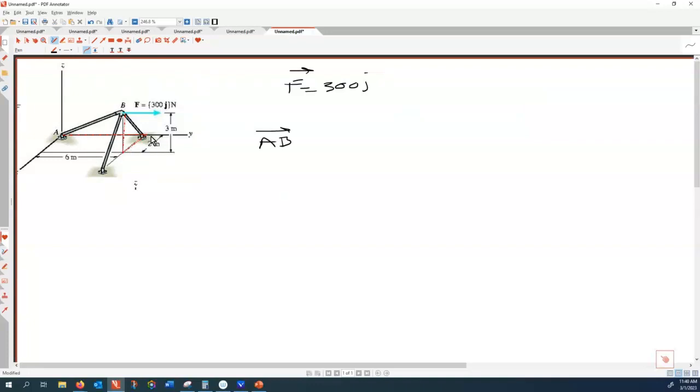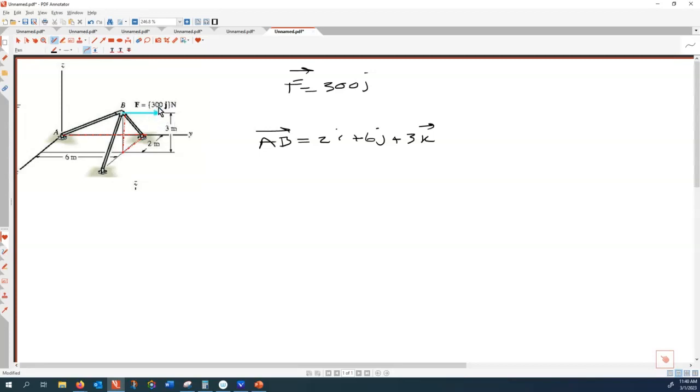That is 2i, then 6j, and finally k. Okay, so that's AB. Now you want to project this one along this one.